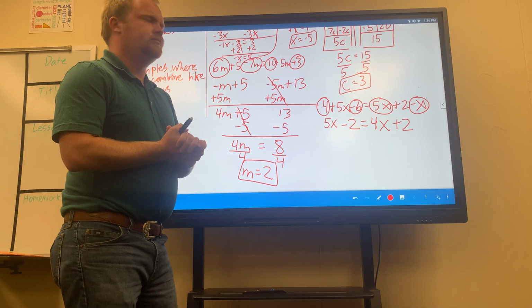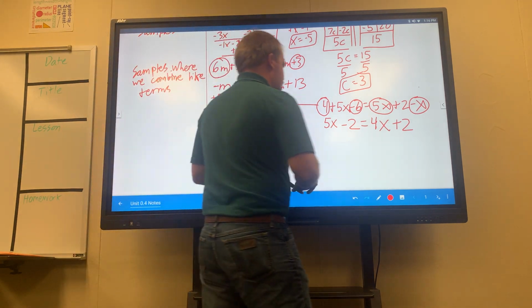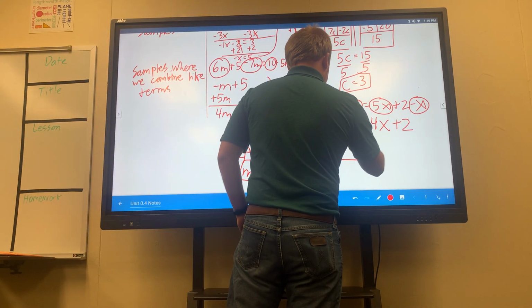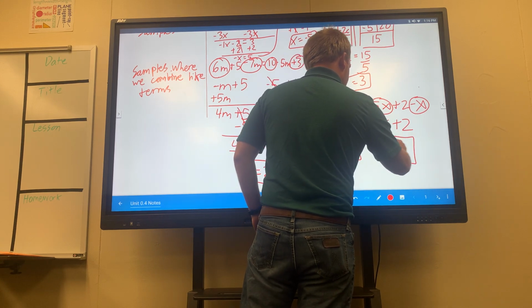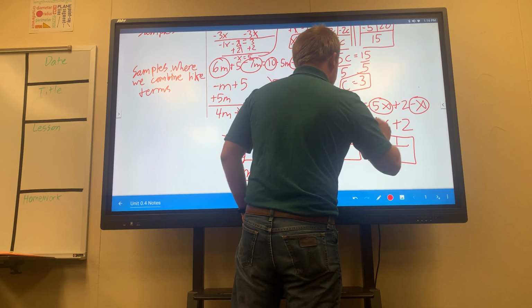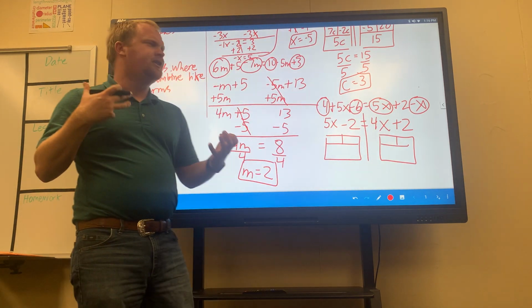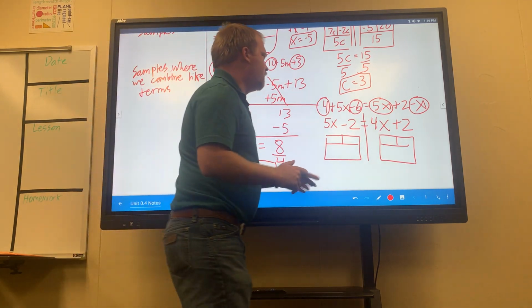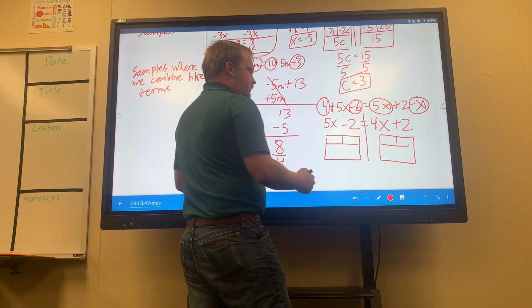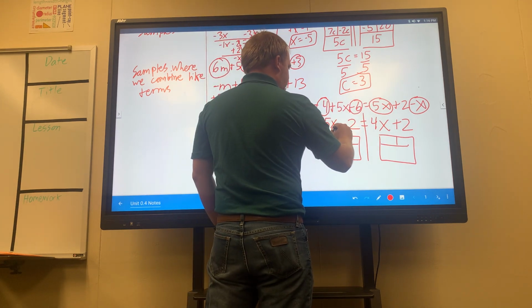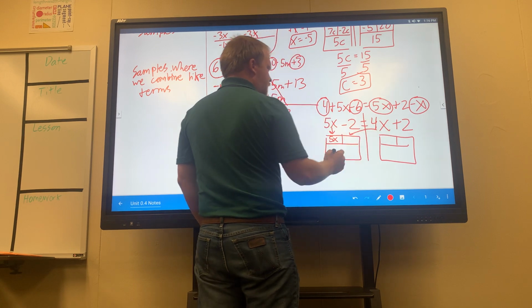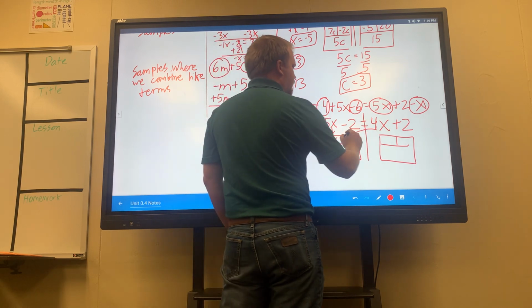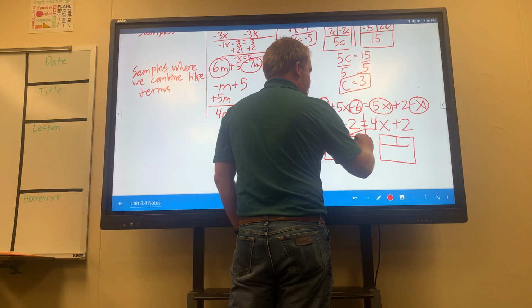Next thing we're going to do is use that method. So draw your boxes, and if you need to draw a line so you know when to change sign, that's perfectly fine. Remember, I'm going to put all my x's together. So I'm going to put the 5x here, and I'm going to take this 4x over here. But remember, if I cross the line, I'm changing my sign.